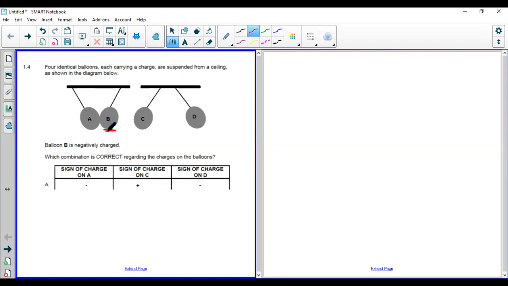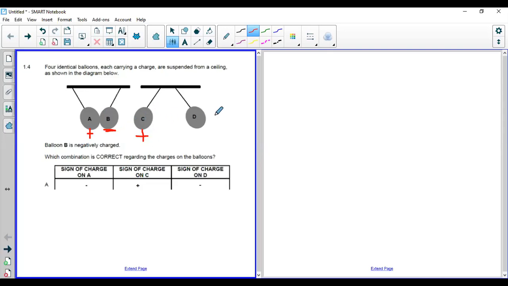When we look at A and B, there's an attraction taking place, so they must have opposite charge. So A is positively charged. We see C is moving towards B. If B is negative, it means C must have opposite charge of B, so C is also positive.